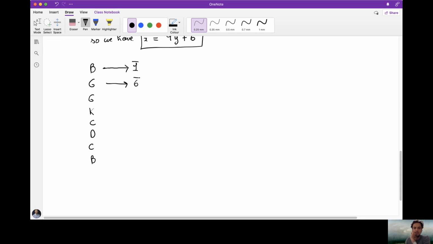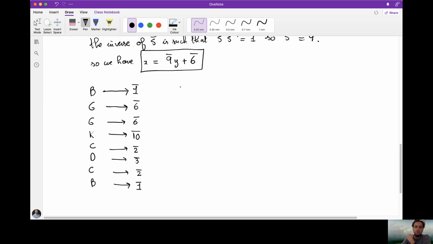G again is 6, so we don't need to do this twice. K is 10. C is 2. D is 3. C is 2. And B is 1. And now we just apply this modulus 11.